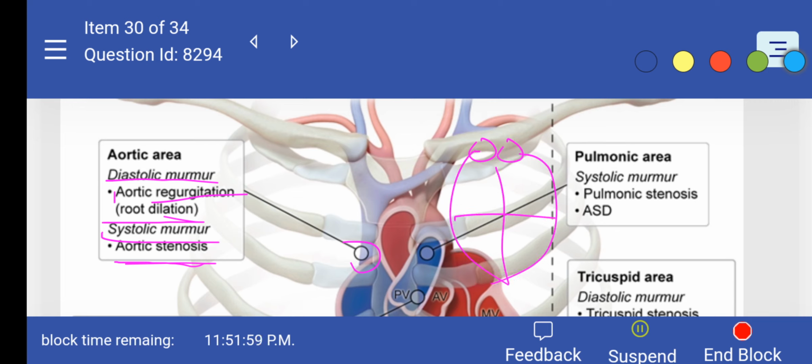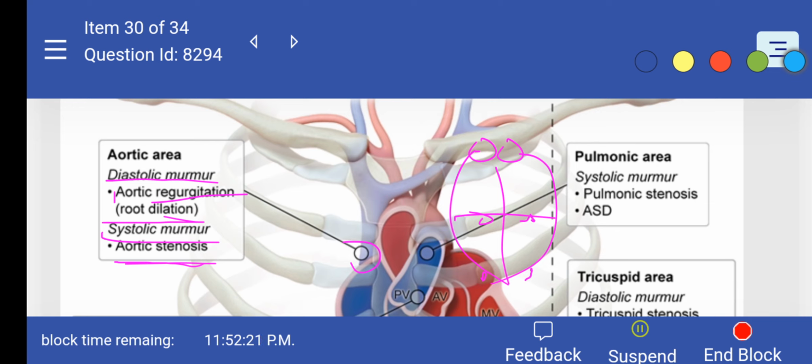Let's say we have two types of valves. One is the tricuspid valve, between the right atrium and right ventricle. Then we have the mitral valve between the left atrium and left ventricle. Then we have semilunar valves, like the pulmonic valve and aortic valve.